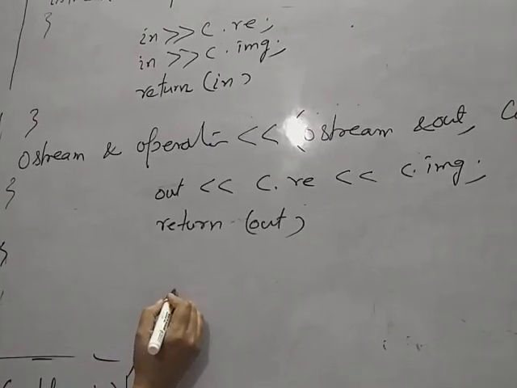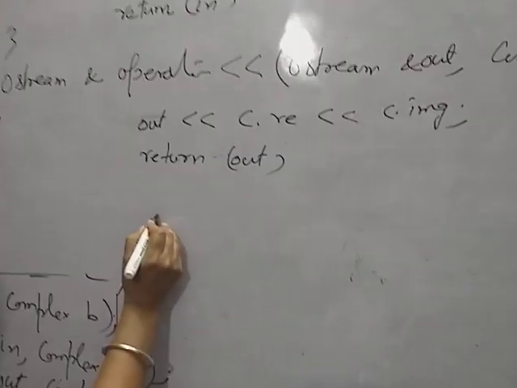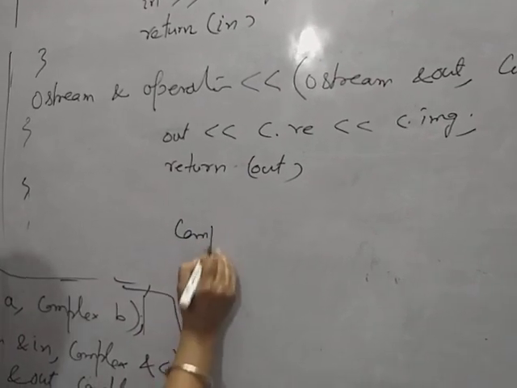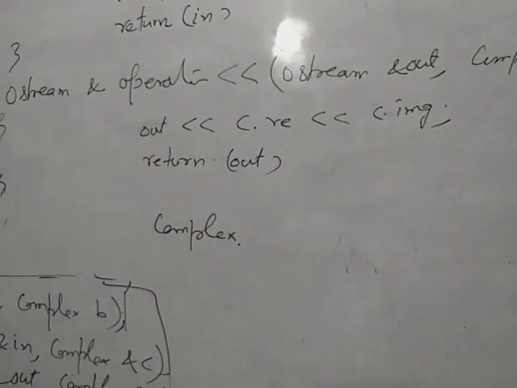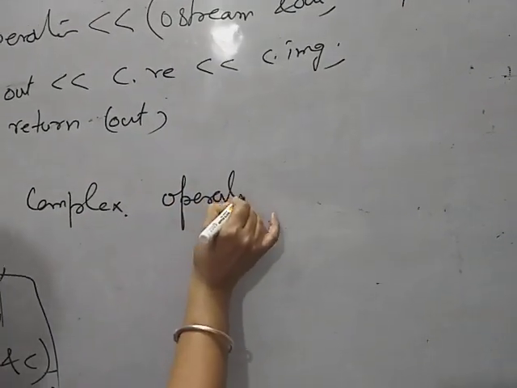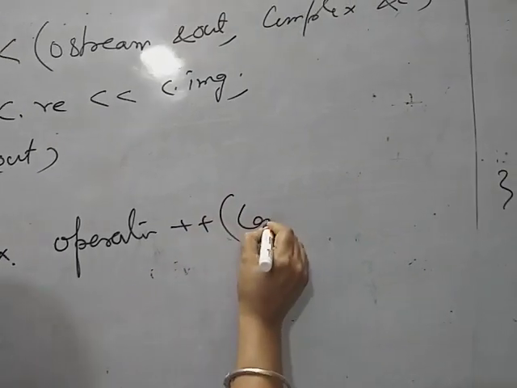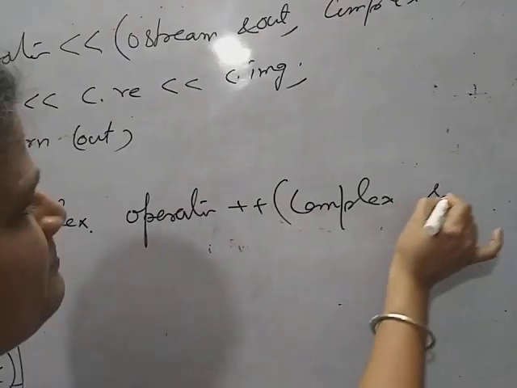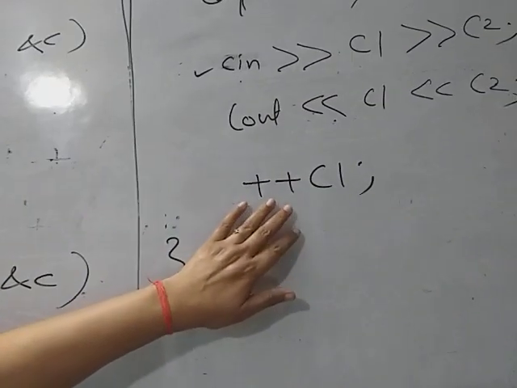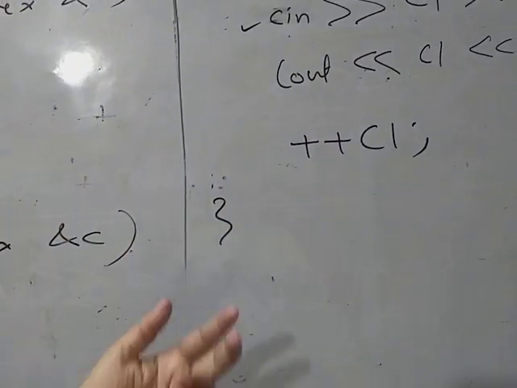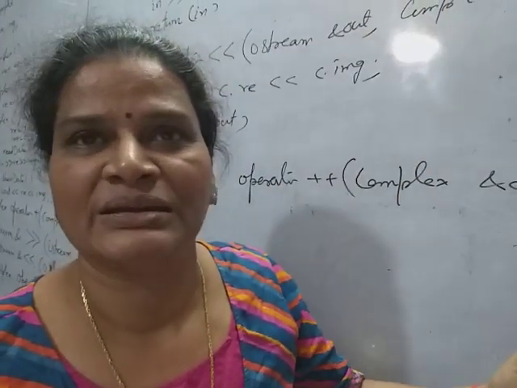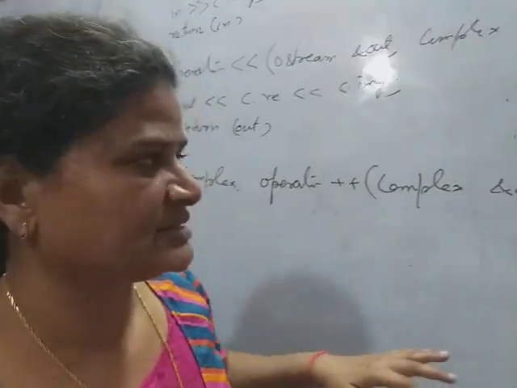Here I will give the definition of this function. Simply say complex operator++(complex& C). Okay, so what actually the meaning you have to define. I want ++C1 to mean I want to add 1 in the integer part, or you can say that the 1 is to be added in both the integer and real part. It is up to you.